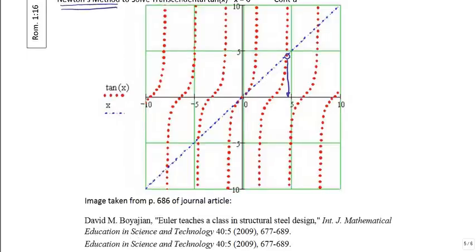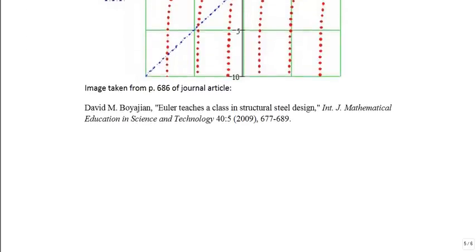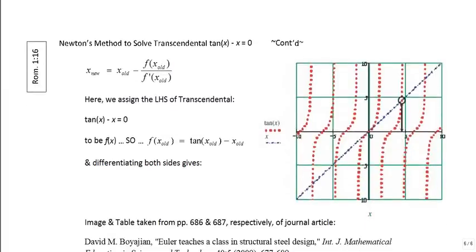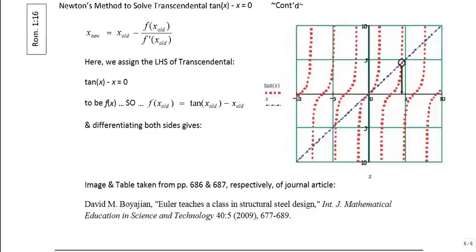So Newton's method says the following. Let's go to the next page. Here it is. It says that, in fact, it's an iterative approach. So Newton's method is an iterative approach.